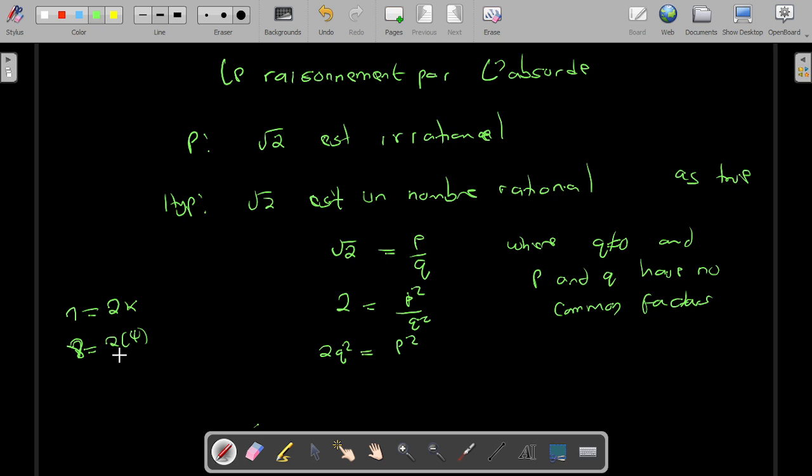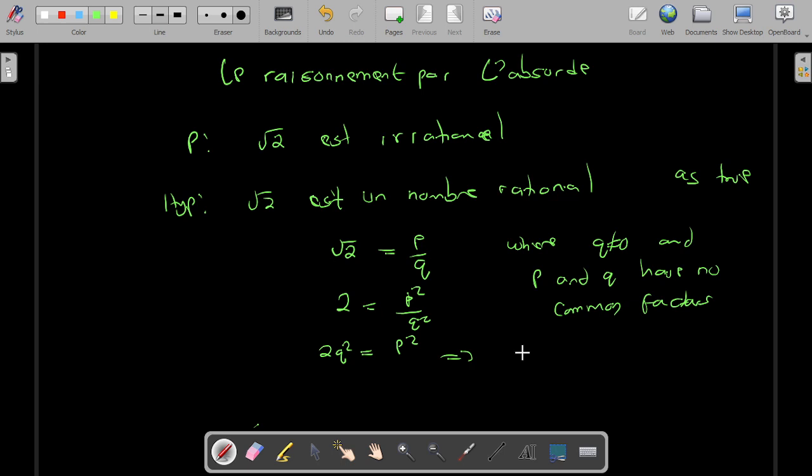In this case, k is 4. So an even number can be written in the form n is equal to 2k. If I let c be equal to q squared, this is going to be written in the form 2c is equal to p squared. So our conclusion is that p squared is even.